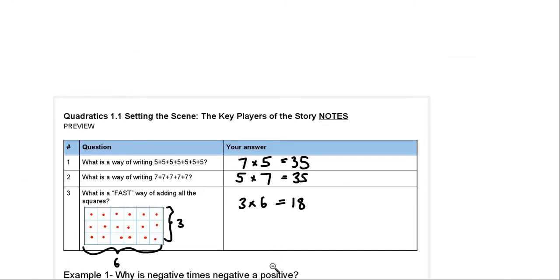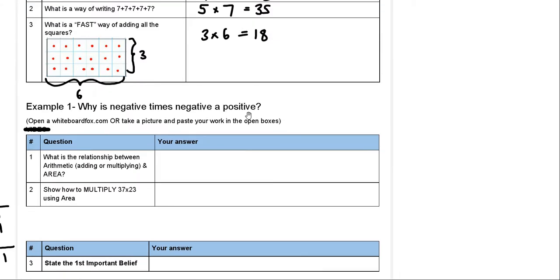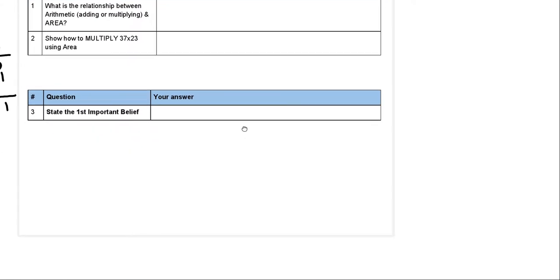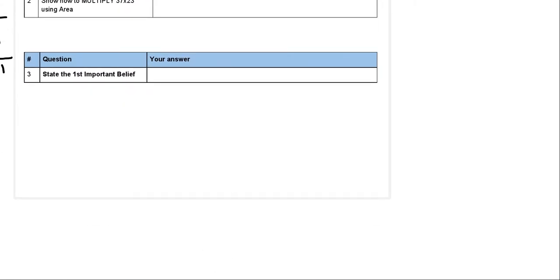And I will also explain that geometrically. So the first belief is that some number times another is the same as the other number times the first, and the order of which doesn't really matter.